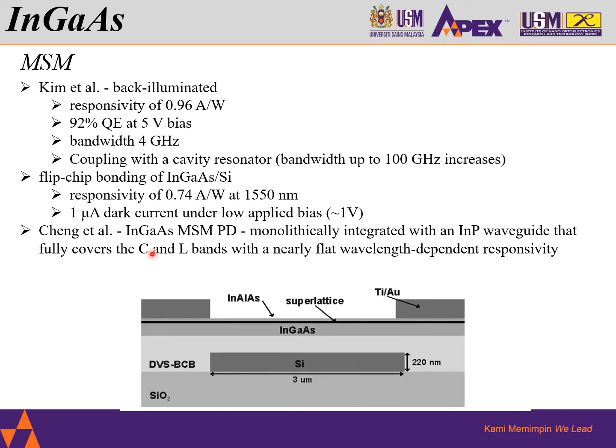Chang and his team also demonstrated an indium gallium arsenide MSM PD that is monolithically integrated with an indium phosphide waveguide that fully covers the C and L bands with a nearly flat wavelength-dependent responsivity. This is an example of a MSM PD.